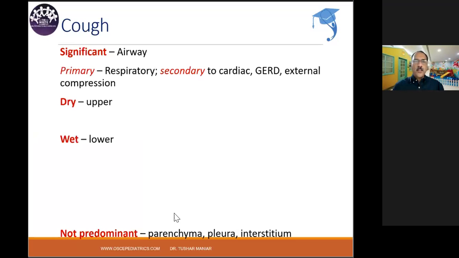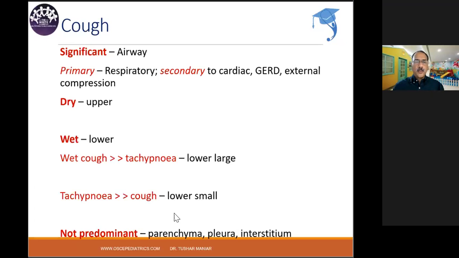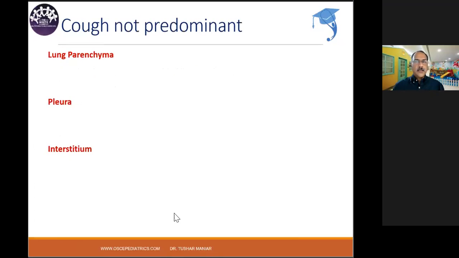Upper airways usually give rise to dry cough, lower airways give rise to wet cough. Even in lower airway, if your wet cough is more than tachypnea, then you think about large airway, as in asthma. And if the tachypnea is significant and cough is not very significant, you think of bronchiolitis. That means the lower small airways are affected. Okay. If the cough is not predominant, then you think about the other three conditions. And that means you're thinking about lung parenchyma, pleura, and interstitium.